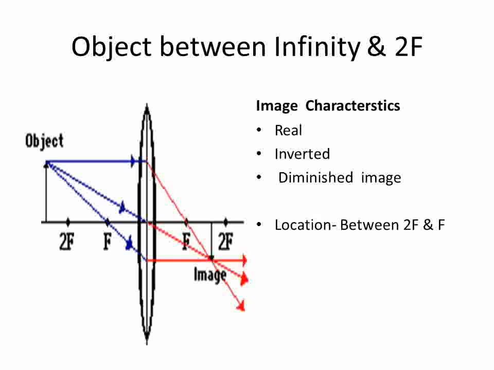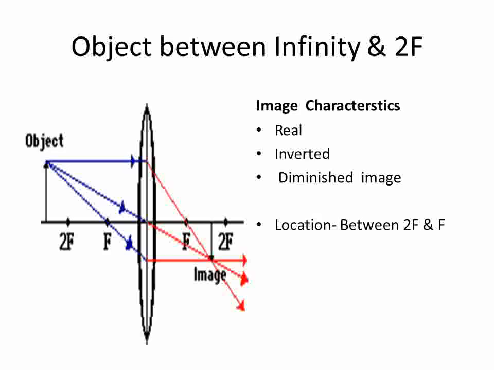Now come to the image characteristics, that is, properties of the image. Number one, real. Real means rays of light actually intersect. Light is coming on the other side of the lens. Real images are always inverted. Third one is diminished image.